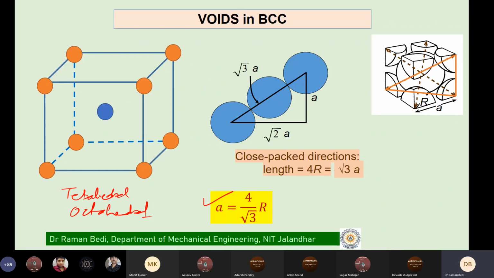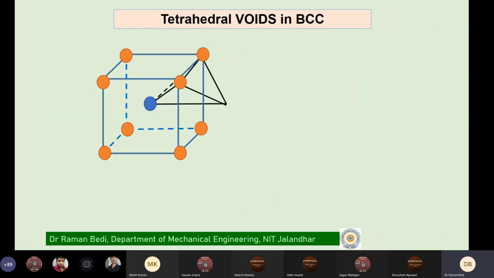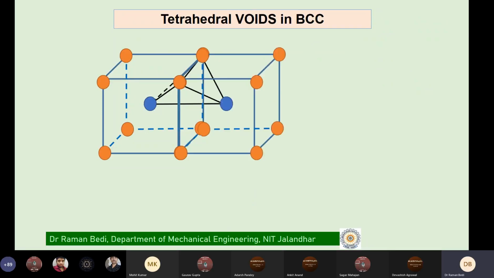The first one that you see here is the tetrahedral voids, which are located in a BCC structure, and this is where they are located, and how this tetrahedron is formed there.